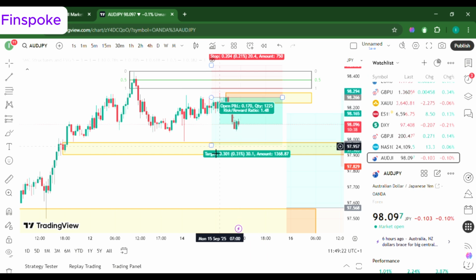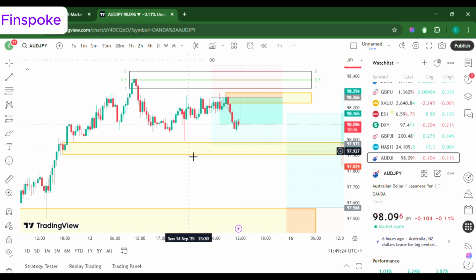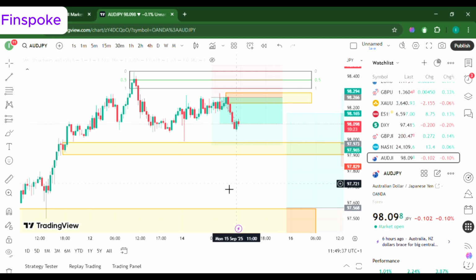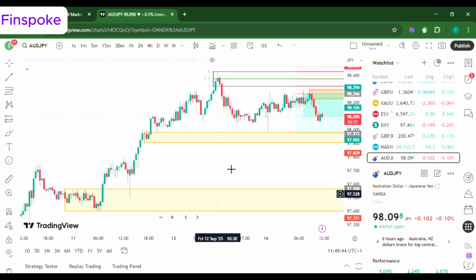Now, my first line of defense is this level. Price might react at this level. If I get a price reaction at this level, I might take a buy. But if it doesn't react here, I'm waiting for it at this demand zone.